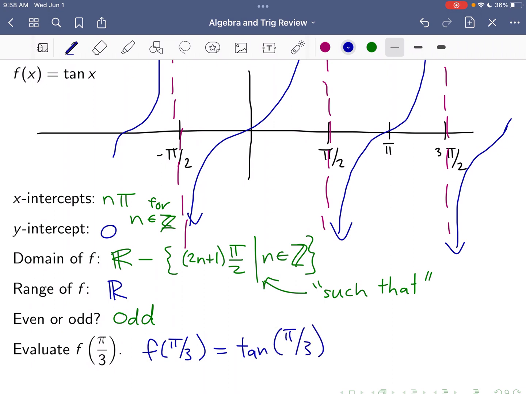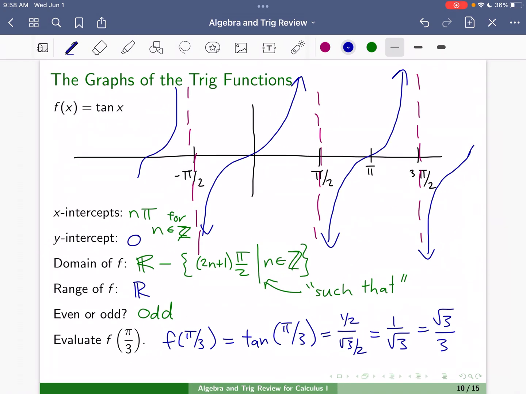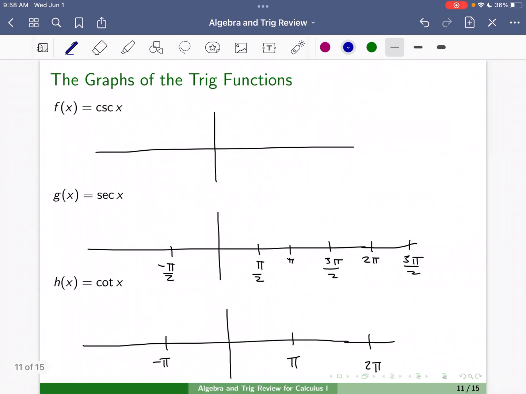Sine of pi over 3 is root 3 over 2, and cosine of pi over 3 is 1/2. And so we have root 3, which is the square root of 3. So that's our tangent graph. A really quick rundown of that.